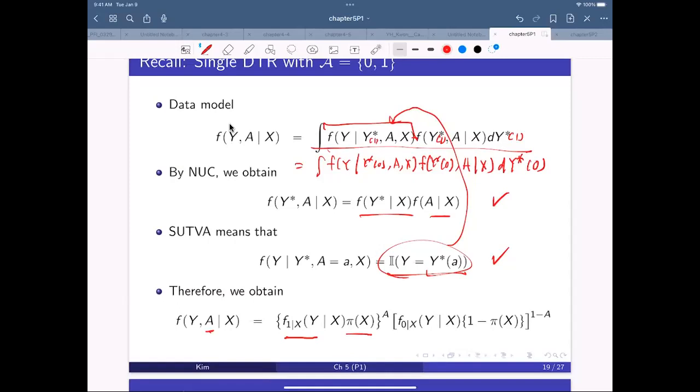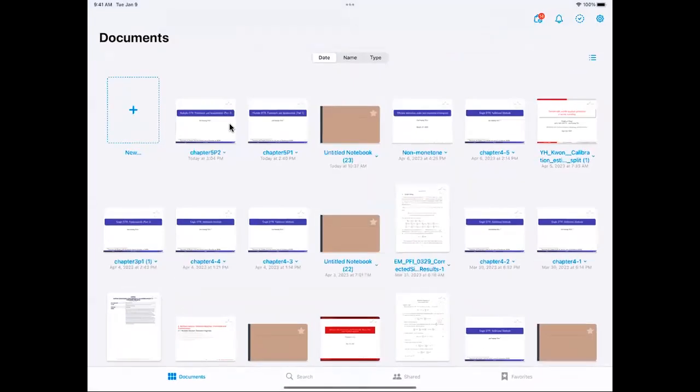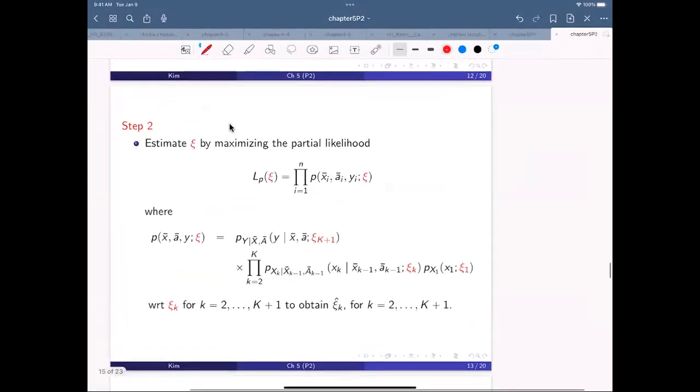Your full data model has an outcome model part, and also there's another model for pi, which is the propensity model. This propensity model was completely ignored for our approach here. We are not making any modeling assumptions for the propensity scores at all. We just use the outcome model. That's why we call it partial likelihood.